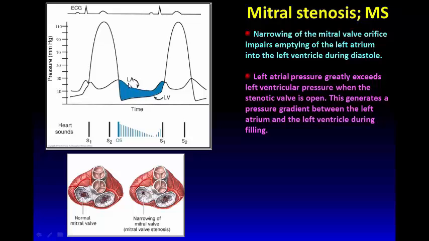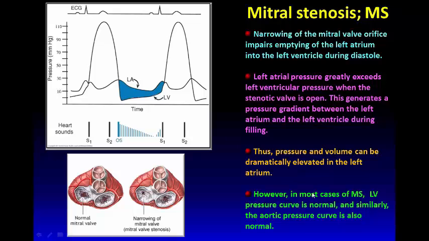The diastolic left atrial pressure is increased as a result of impairment of the emptying of the left atrium into the left ventricle. The left ventricular pressure is normal, but the left atrial pressure has increased. In fact, the pressure and the volume can be dramatically elevated in the left atrium. However, in most cases of mitral stenosis, the left ventricular pressure and also the aortic pressure curves are normal.